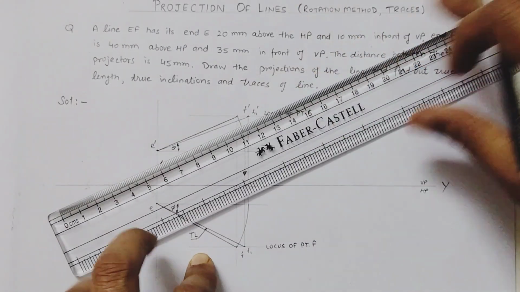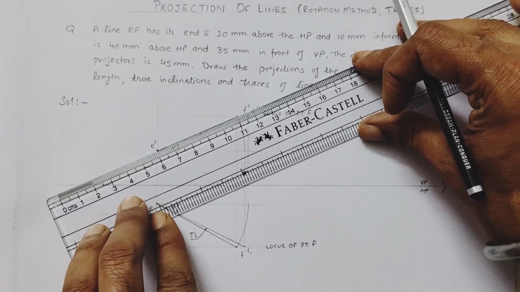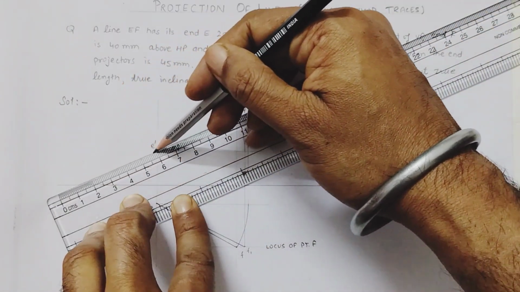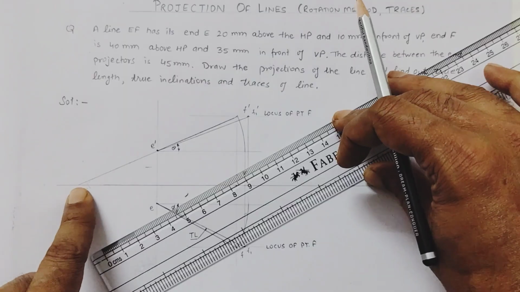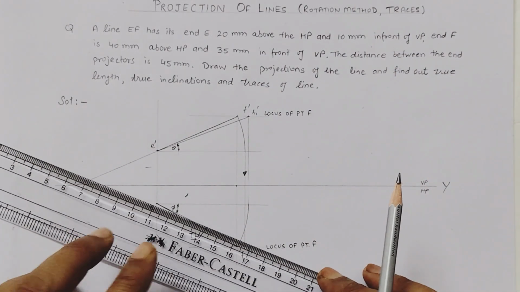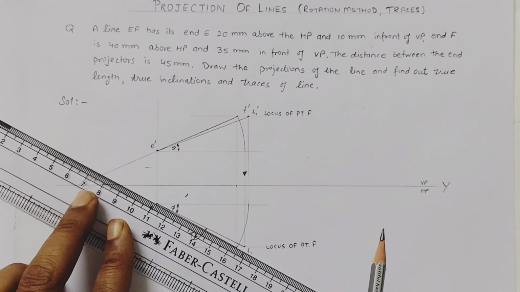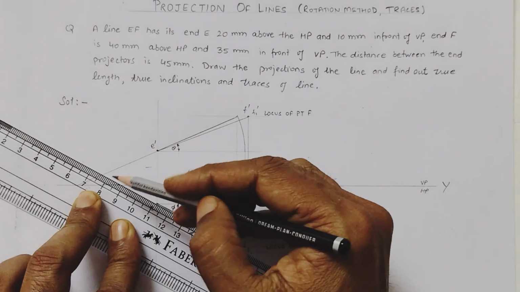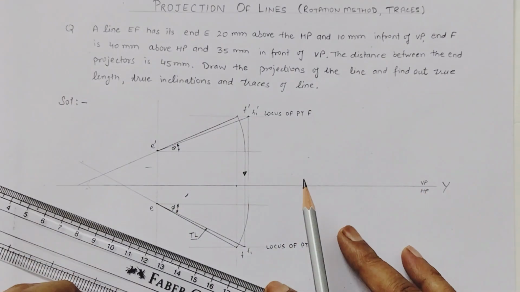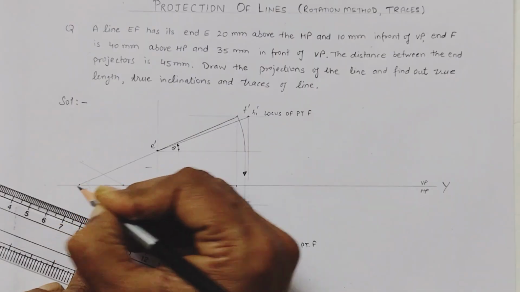So like here, now we will extend the front view to intersect with the reference line like this. Similarly, we have to extend the projection in the top view so that it intersects with this axis. Now the top view is intersecting here, front view here.